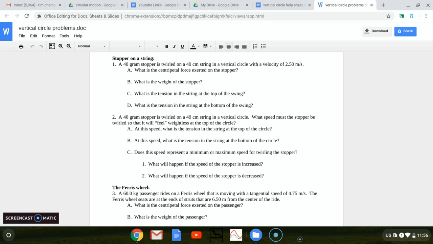At this speed, what is the tension in the string at the top of the circle? Well, remember, it is 0. So that's the answer to A. There is no tension at the top of the circle because we can't feel that force. Now, at this speed, what is the tension in the string at the bottom of the circle?